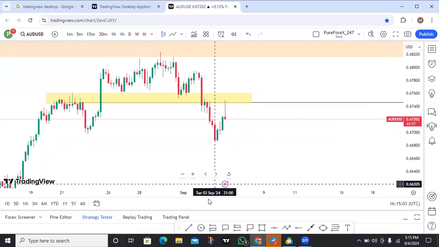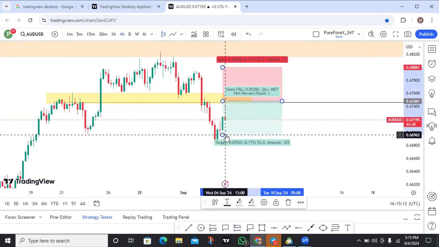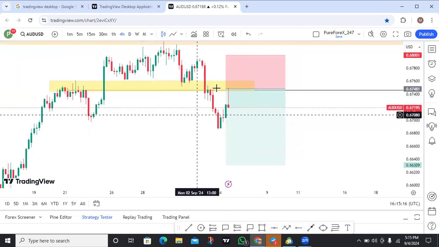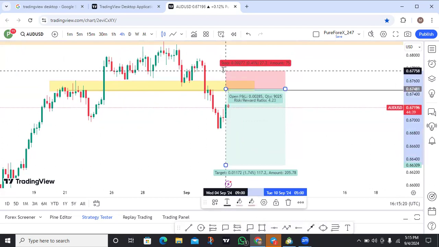So if you enter directly from H4, H4 is not going to give you a good risk to reward ratio, and I don't like entering trades from the H4 time frame. So if we were to enter right at this level on the H4 time frame, our stop loss would have been here, maybe somewhere here, right?